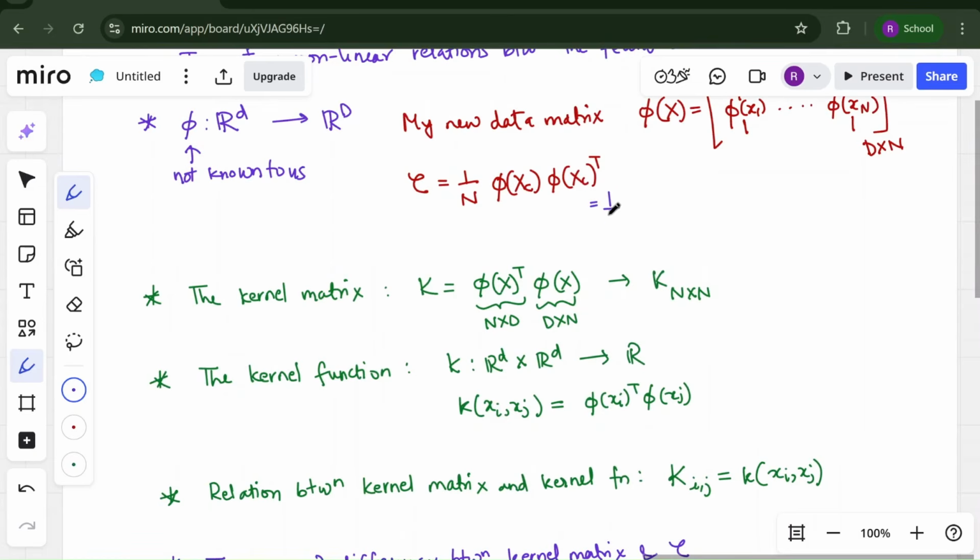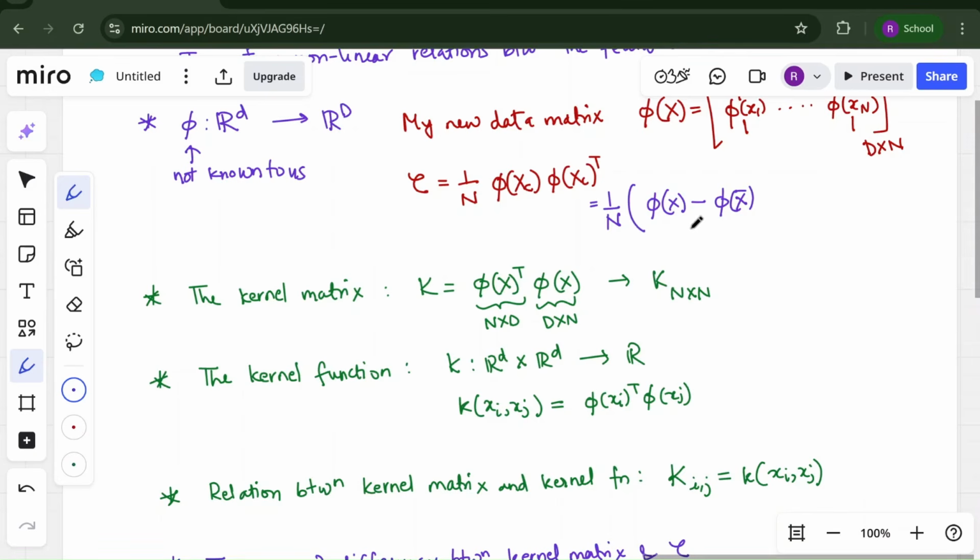I can write phi of xc as phi of x minus phi of x bar. What is phi of x bar? It is a similar matrix where each column is phi on the x bar, or on the average.